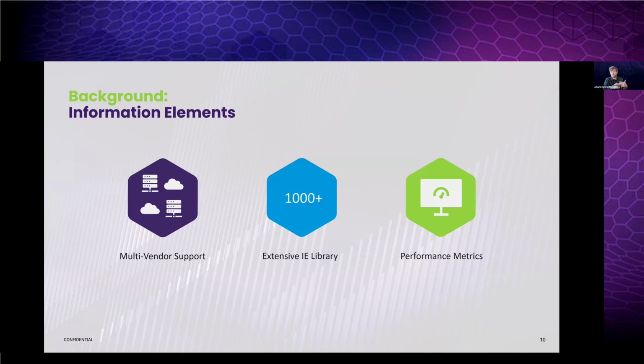With a platform like ours, we have an enormous library. We have thousands of information elements across basically every vendor you can think of. So we understand what they're going to be exporting. We know how to parse through that and ultimately make it available in a report that you can get some usage out of. So again, performance metrics, vendors might classify applications differently, so there might be a different information element associated to their output for those tests.